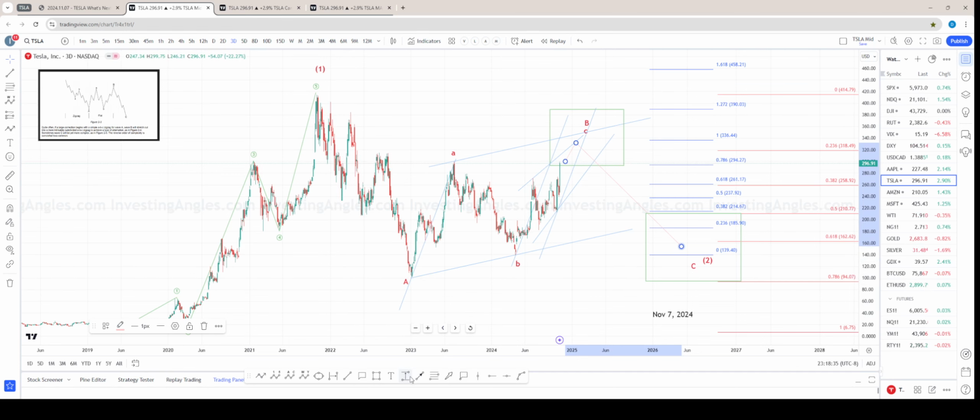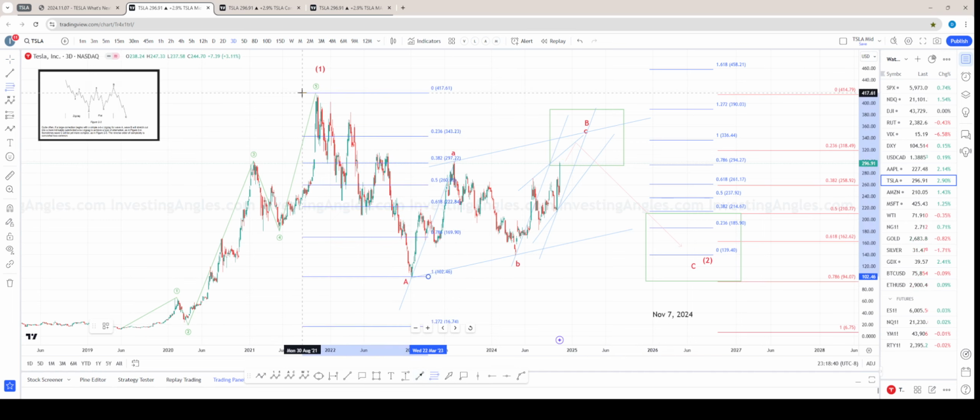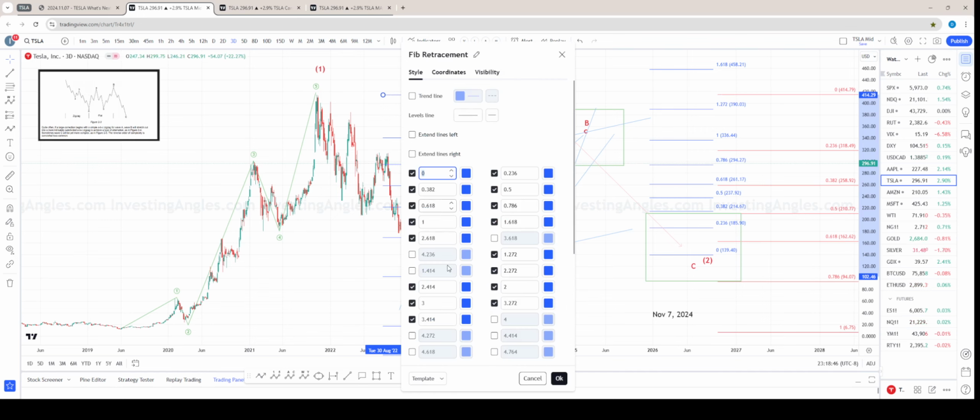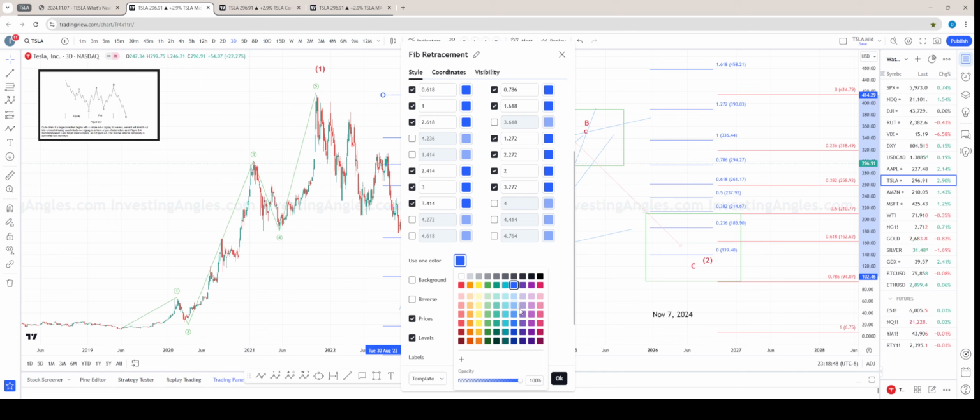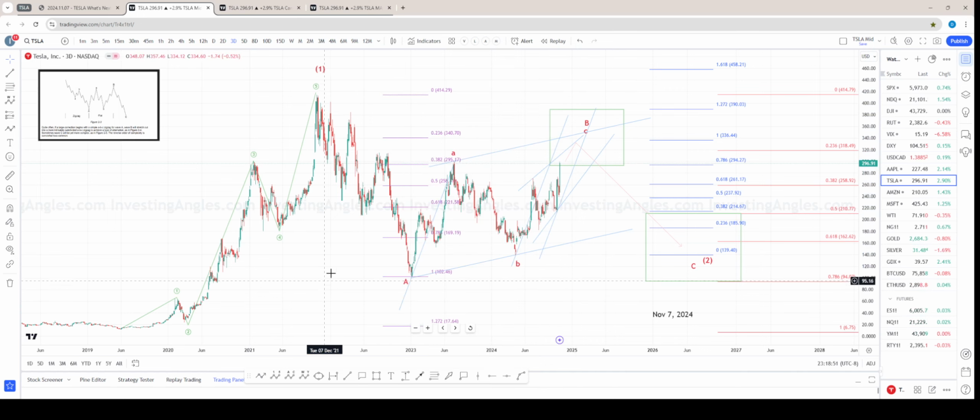A. We know that the wave A is this one, right? So this is the wave A, and let's take another color, so we differentiate. Okay, so this is going to be a purple one. Okay, so what is the size of wave A?